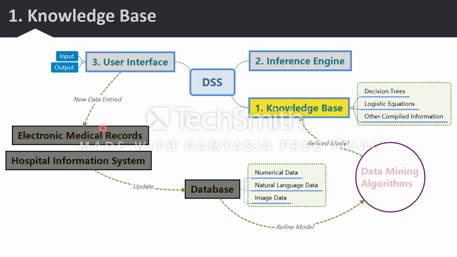The data could be numerical data, natural language data, or image data, like a CT scan image. The database keeps being updated every now and then. New data can be used to refine our decision support model.